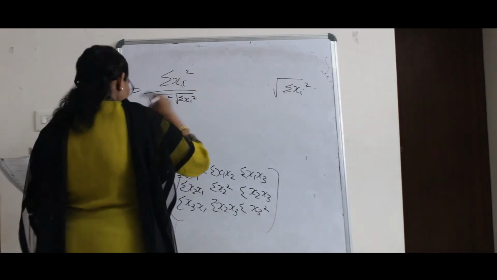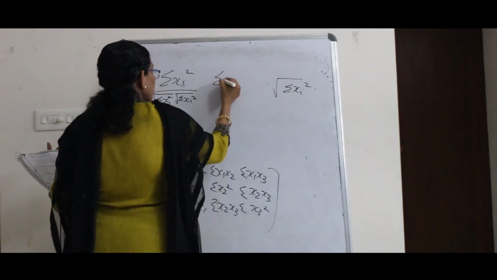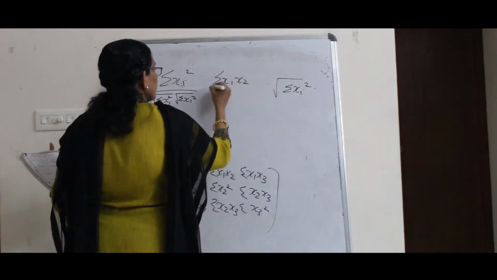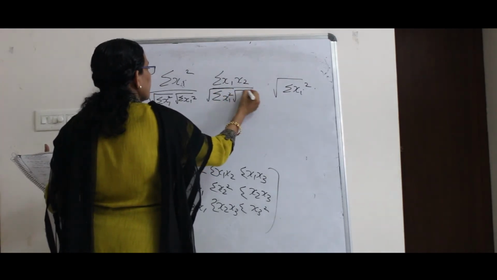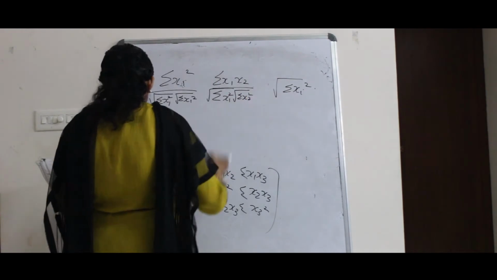What about the second element? Sigma x1, x2 should be divided by square root of sigma x1 squared, sigma x2 squared.